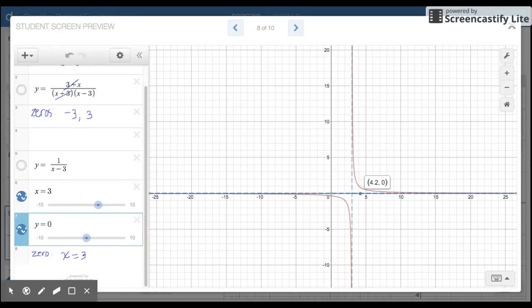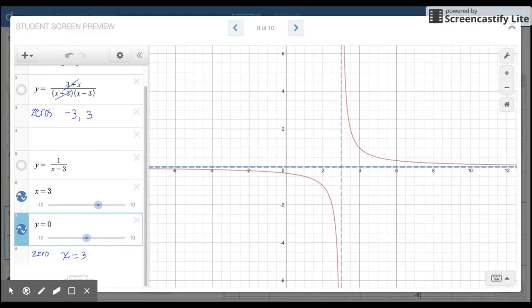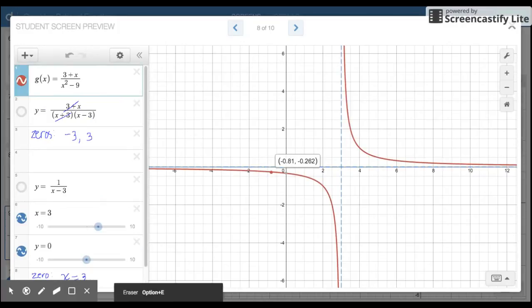Okay, so now we notice that the vertical asymptote is at the 0 of the denominator of the simplest form. Now, what is at the 0 of the denominator that was canceled? And that is negative 3. So if we look at negative 3 in the graph, negative 3 is right here.